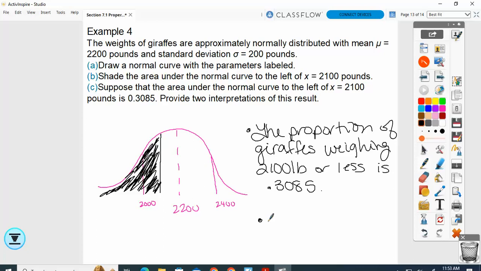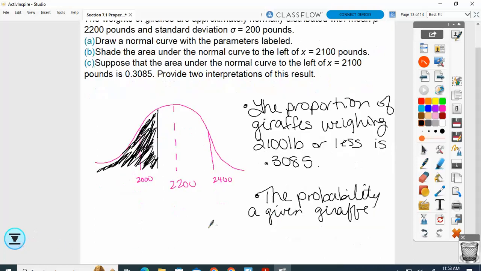The second is to think of it as a probability. So the probability a given giraffe weighs under 2,100 pounds is 0.3085.